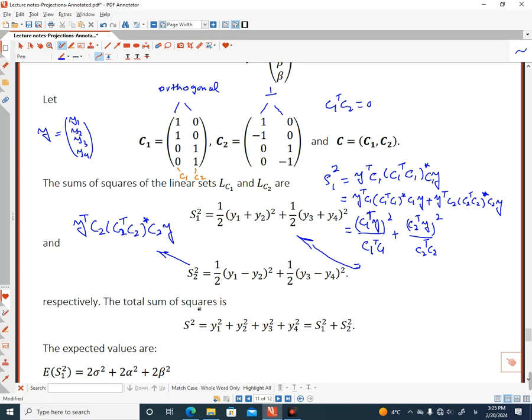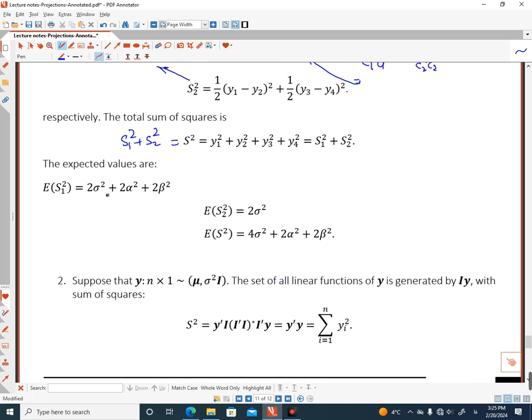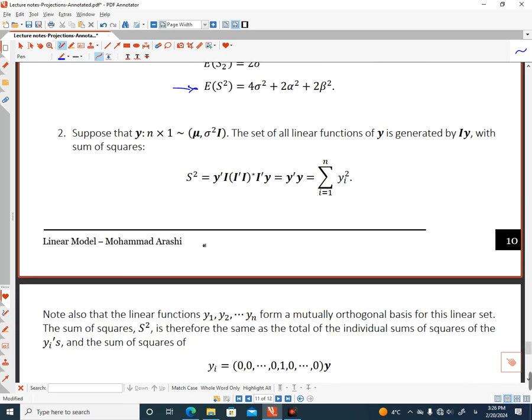So the total sum of squares, if you remember, is S1 square plus S2 square, which I can find in this way. And if you get the expected value, you can simply find it from the variance and the expected value, as we already discussed, and we will have the expected value for the sum of squares for S. We can also have the same result for another example.